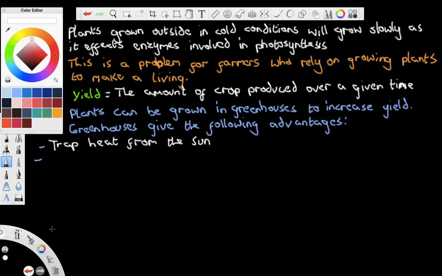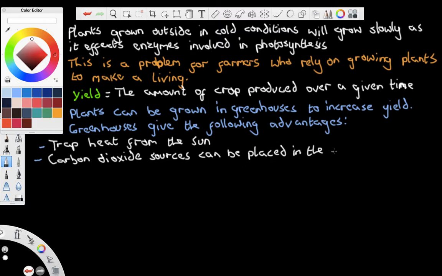Our second advantage, we can say that carbon dioxide sources can be placed in the greenhouse to increase CO2 levels.